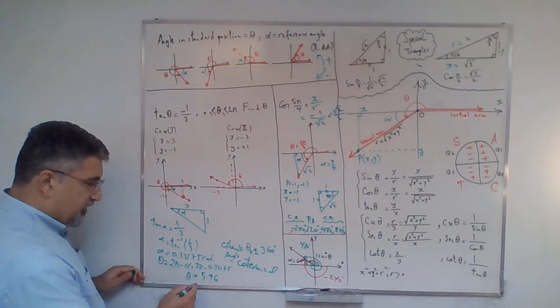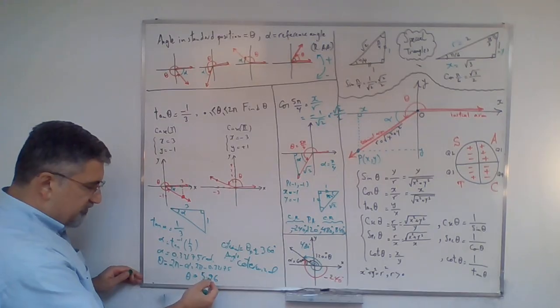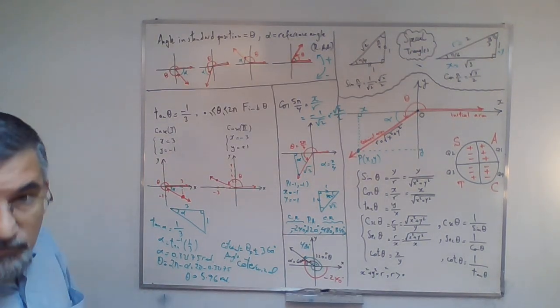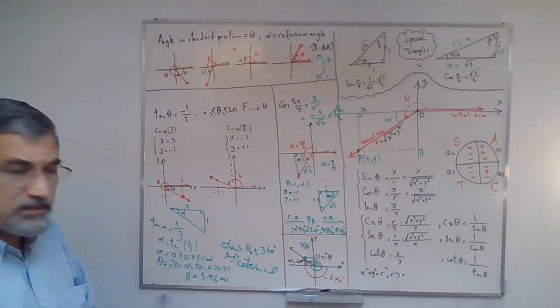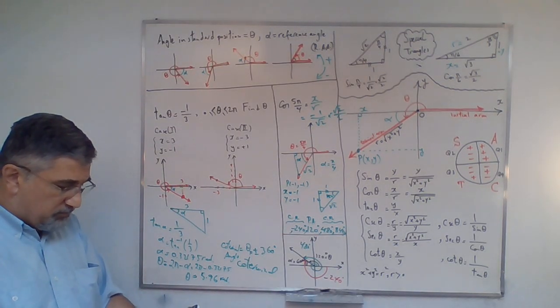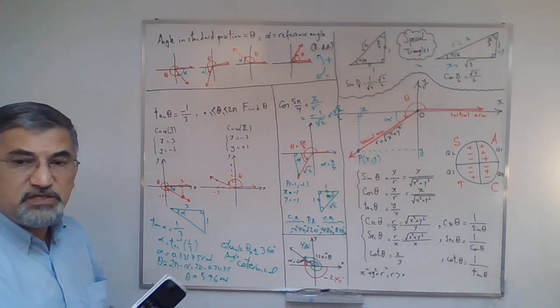So that means the angle in standard position was 5.96 radian. This is a huge angle because every radian is about 57 degrees, right? If I multiply this by 180 and divide by pi, believe it or not, I get 341.5 degrees.